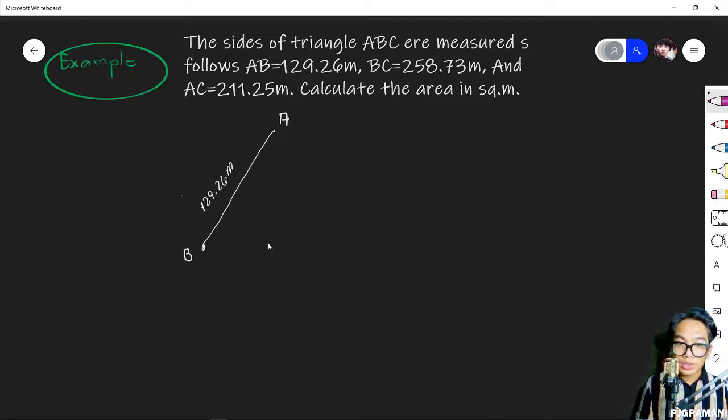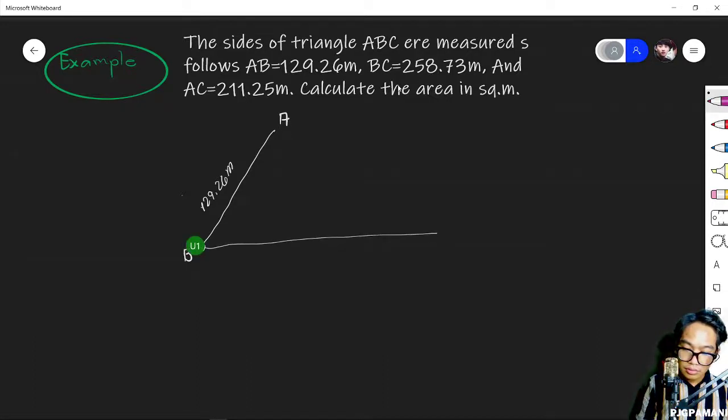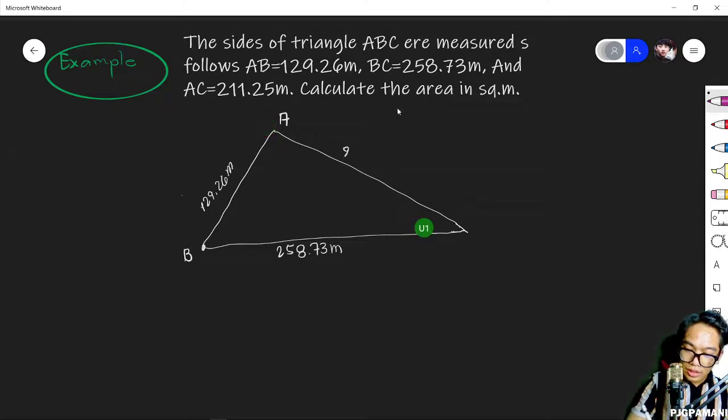Line BC is 258.73 meters, and line AC is simply 211.25 meters.